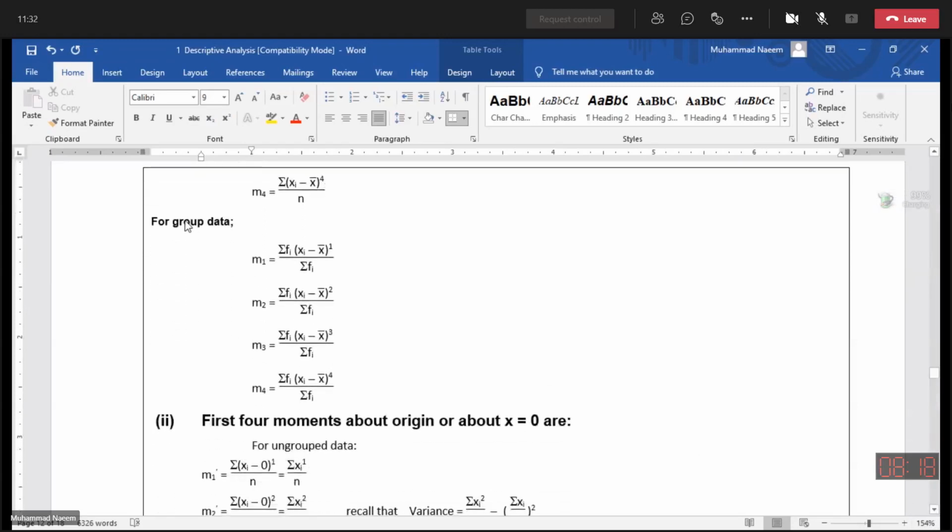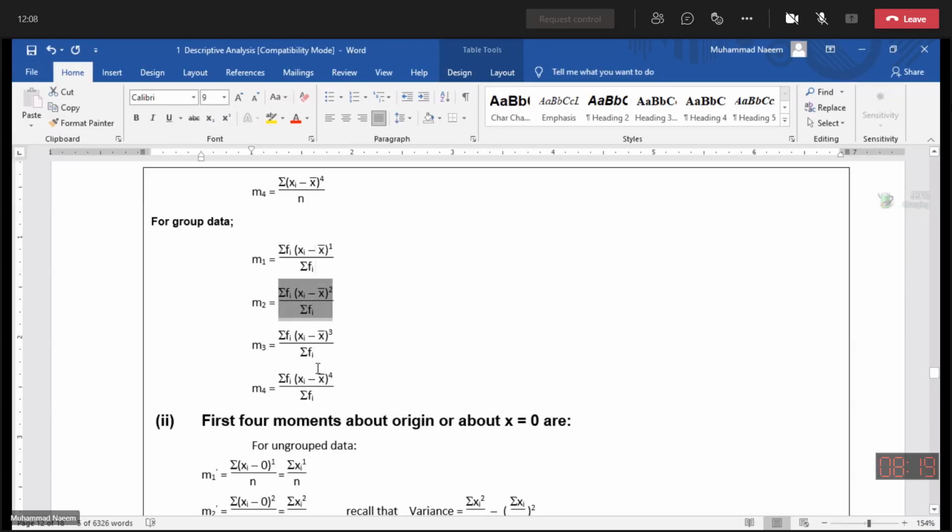Similarly, if we have group data, we just multiply these powers with the corresponding frequency, again sum up and dividing by total frequency. In this case, in second case, that is exactly the definition of the variance. All the squares are multiplied with the corresponding frequencies, and then we add and dividing by total frequency.